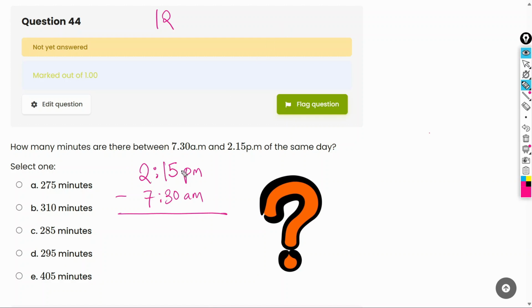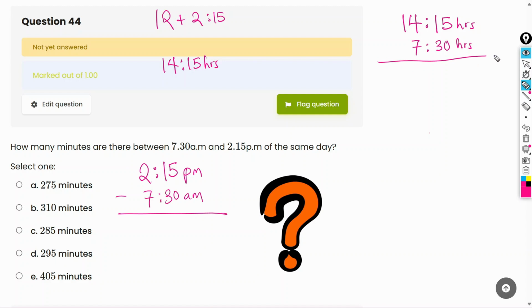So 2:15 p.m. is the same thing as 12 plus 2, 15 hours. So 12 plus 2, that's 14, 15 hours. So 14 hours, 15 minutes, and then 7 hours, 30 minutes because it's AM. Now we can conveniently subtract. Remember that this is our minutes place and this is our hours place.